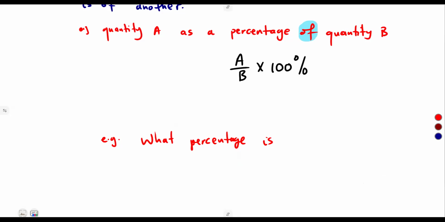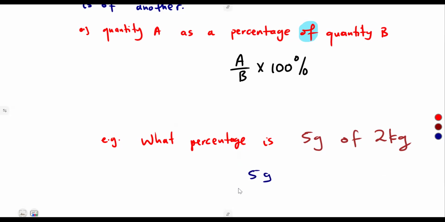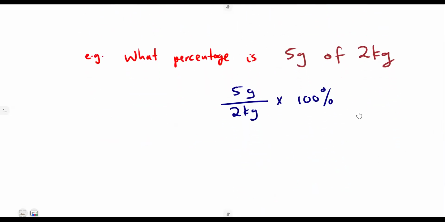Let us try this one. What percentage is 5 grams of 2 kilograms? Take note, the units here are different. 5 grams over 2 kilograms times 100%. We cannot work out different units in a division. So what are we going to do?